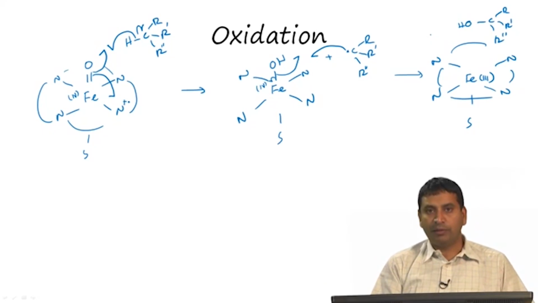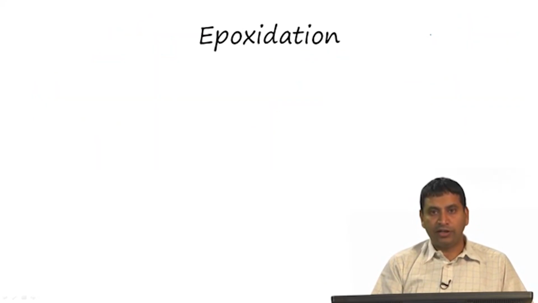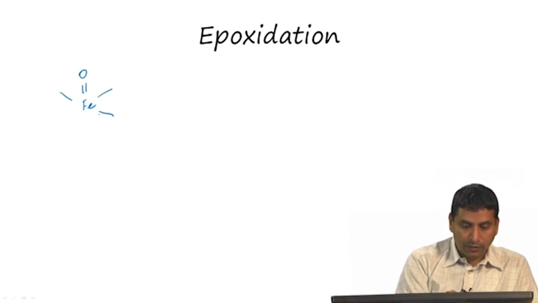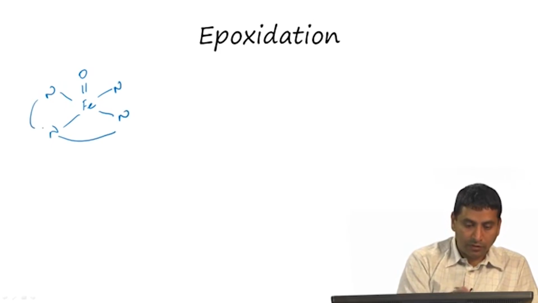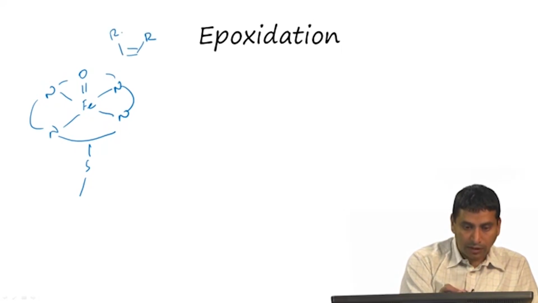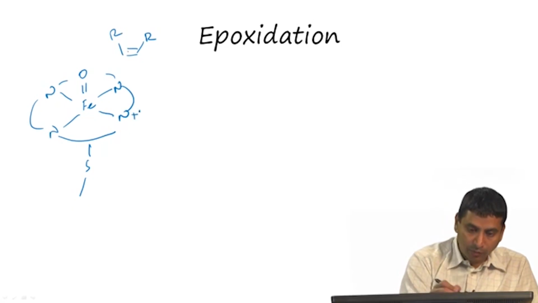Okay. Using the same principle, the epoxidation reaction also occurs. So, again we should look at just the key steps of this mechanism. You have Fe double bond O, you have the nitrogen, nitrogen, nitrogen, nitrogen. Okay. And as I mentioned earlier, there is a cysteine residue over here, which is going to anchor itself to the iron, and you have an olefin R, R, and as I mentioned, there is a radical cation over here.